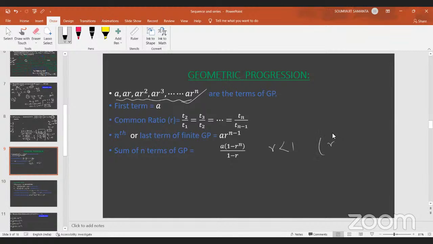And obviously you should remember r cannot be equal to 1 in GP. If r is greater than 1, the formula will become r to the power n minus 1 by r minus 1.